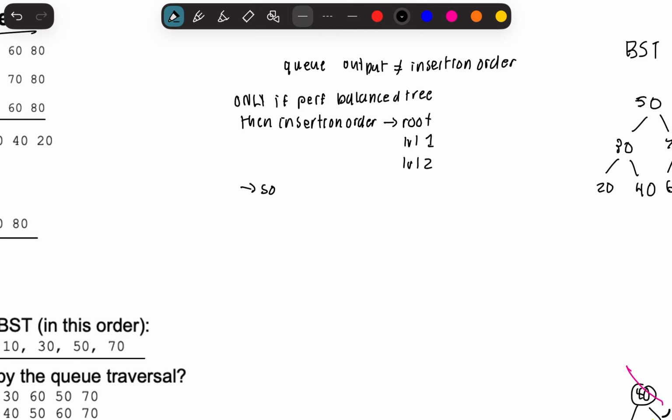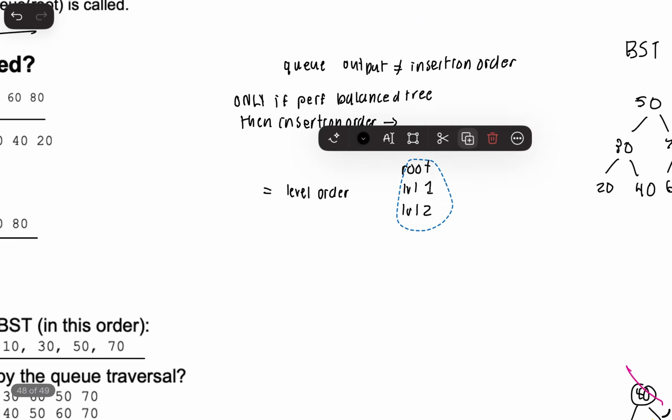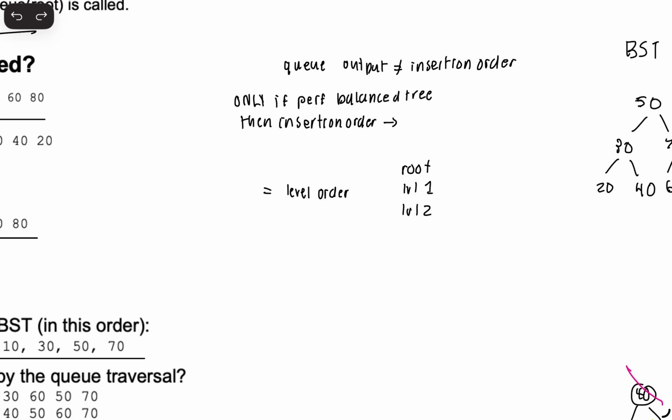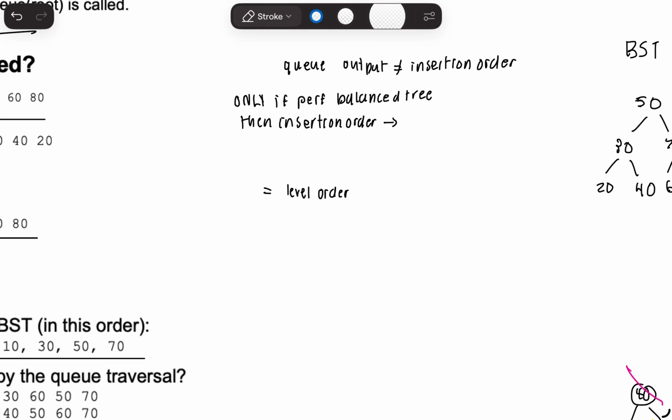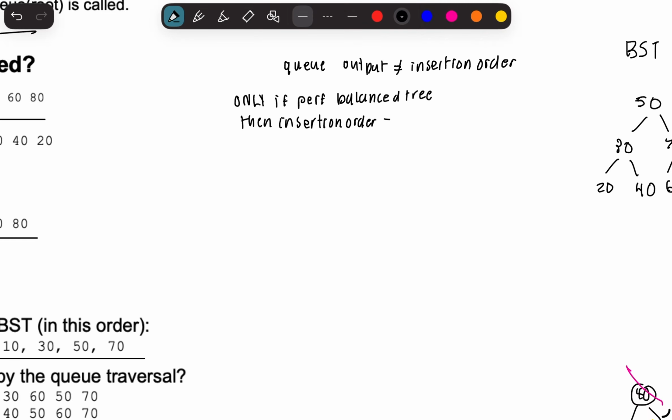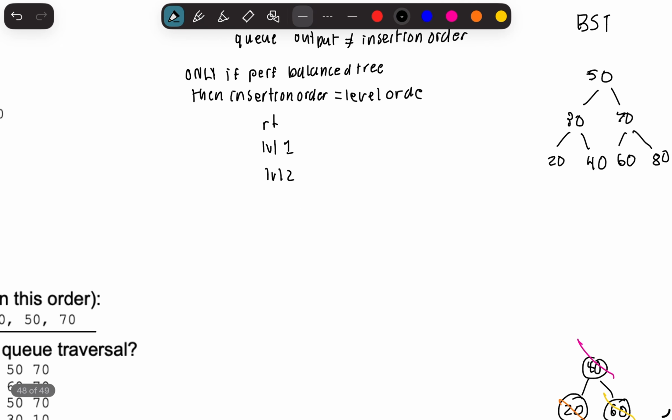So that means that your level order is equal to it. So the Q traversal is printed in the same order. But usually they're not going to be the same.